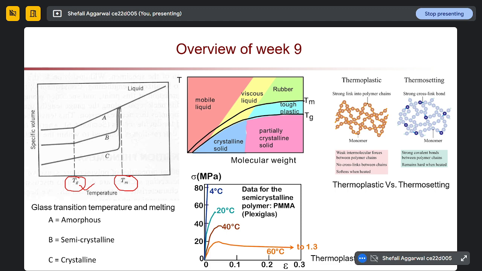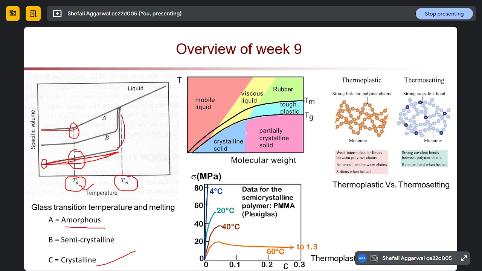If you see from this graph, in case of amorphous material, you have a very defined glass transition temperature. However, when we talk about crystalline material, there is not a proper glass transition temperature. The material directly converts into liquid. It doesn't have a viscoelastic behavior.